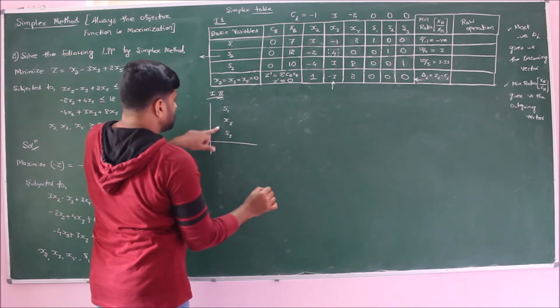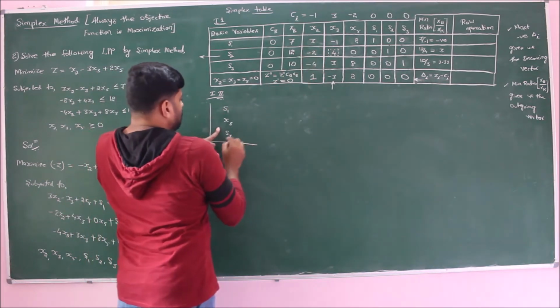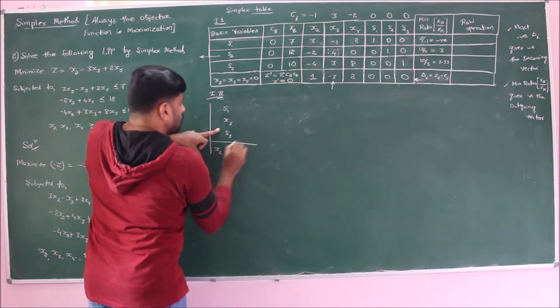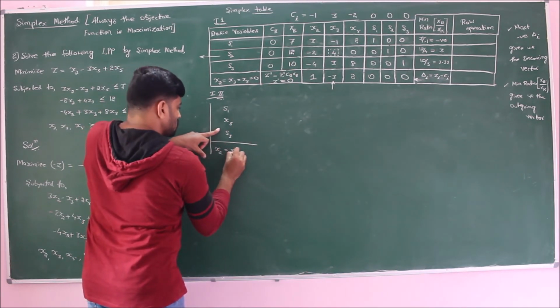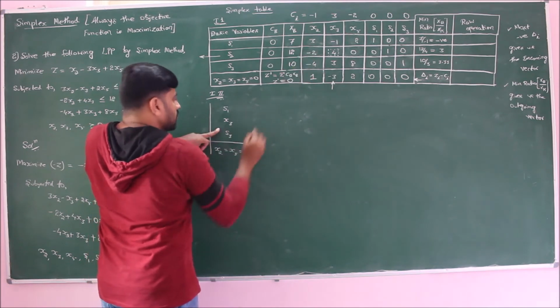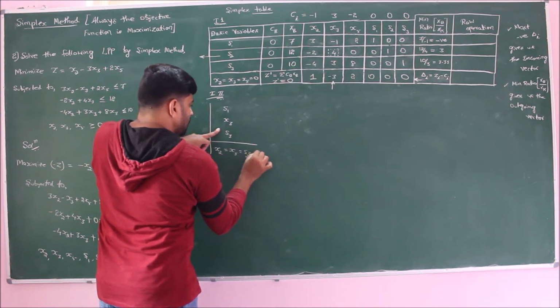So the missing variables among the 6 are x2 is missing, then x3 we have, x5 is missing and s2. Treat them as 0.